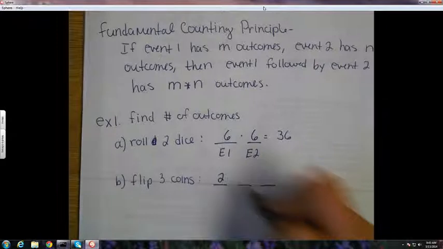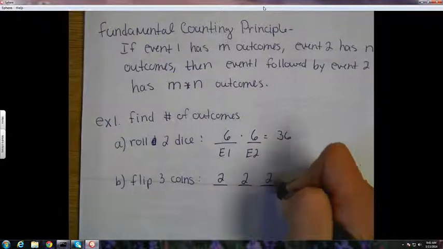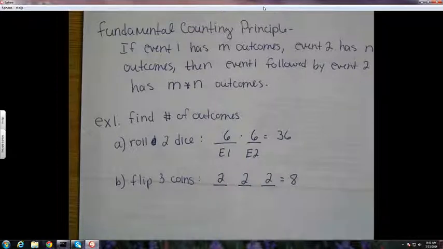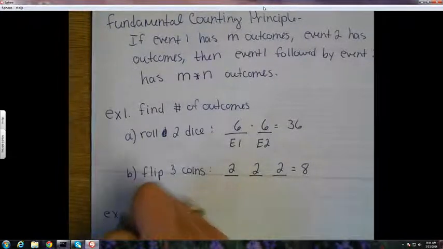The second one? 2. The third one? 2. For a total of how many outcomes if I was to draw the tree diagram? 8. See how the fundamental counting principle is working? Okay, let's change it up a bit. Let's do some examples where we would not want to draw a tree diagram.